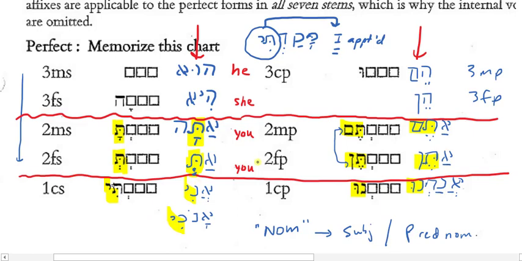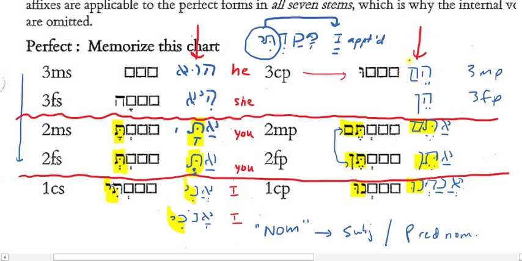Now let's go over to the plural side. And here, I should put it in red, just to keep those together. Now over here, I have the third common plural for my personal ending, right? But for the pronouns, we will actually distinguish the masculine versus the feminine third person plural pronoun.